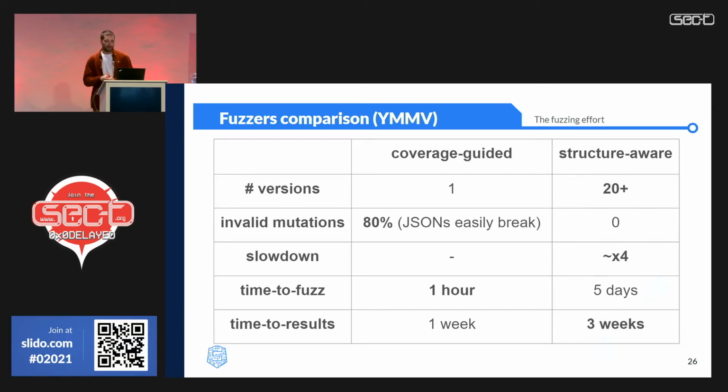Some things I already mentioned. So for example, the time to fuzz is way lower for coverage guided, since you just have to run it and find the corpus. But I will point the attention to the bolded text, which are actually the most interesting ones.